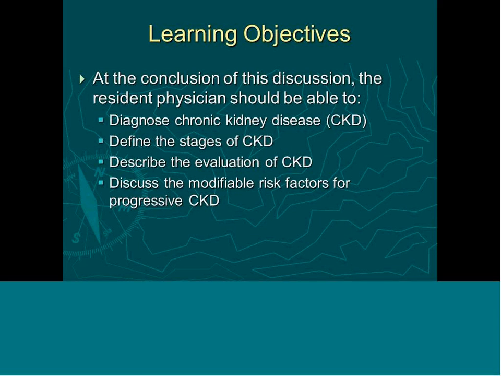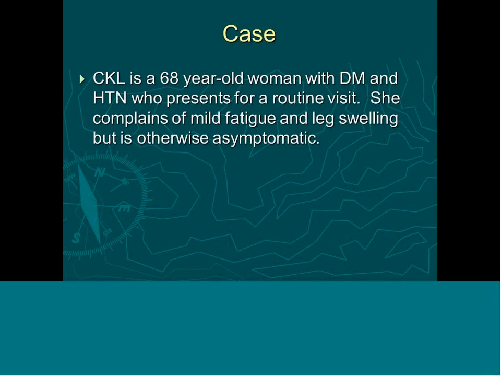The idea of this talk is that at the end of the talk, we should be able to diagnose kidney disease. We should define what the stages of chronic kidney disease are, and then discuss the different modifiable risk factors for progressive chronic kidney disease.